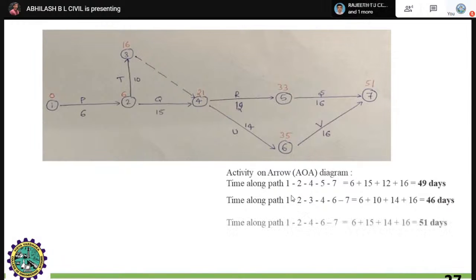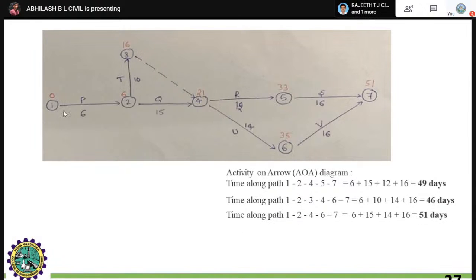Again, time along the path 1 2 4 6 7. This is another path. I told you that you can identify 3 paths. You have to identify 6 plus 15 plus 14, again 16, right? You will get the critical path, that is 51 days. Here you can see 49 days, 46 days, 51 days, right?